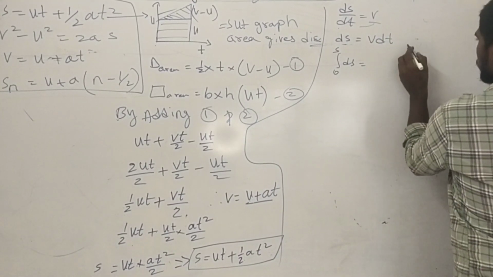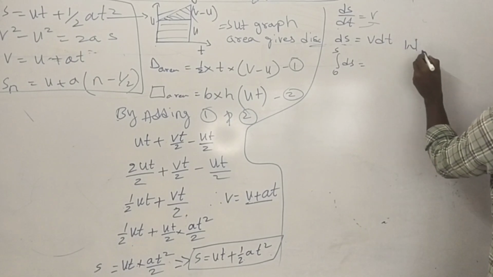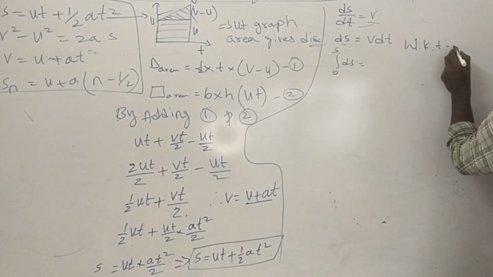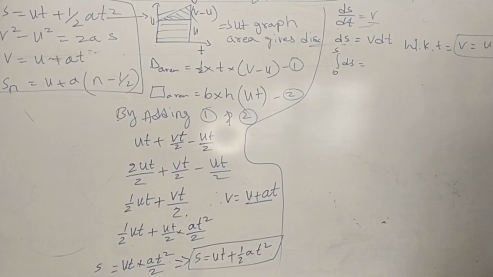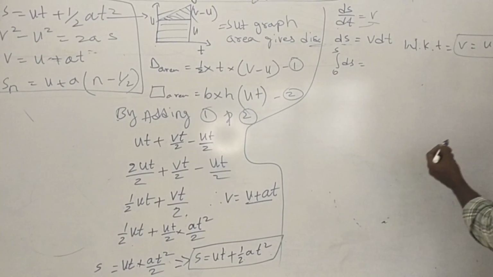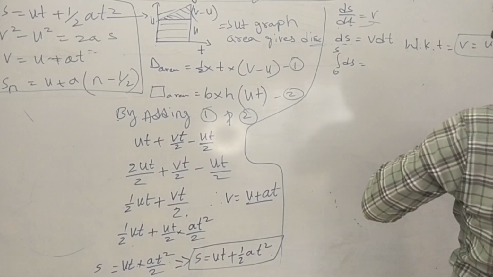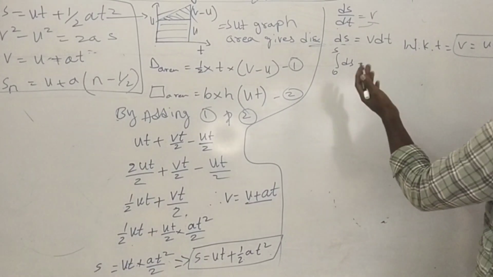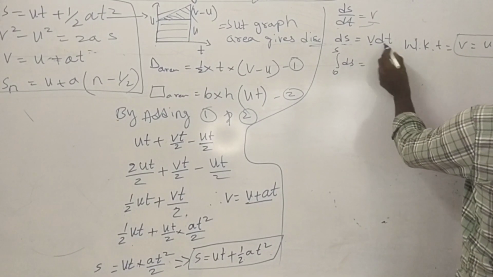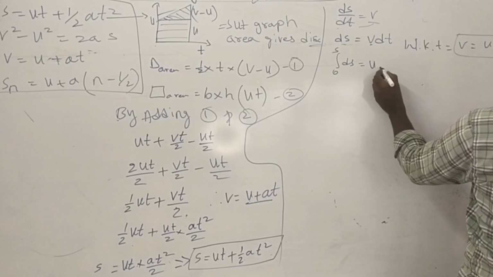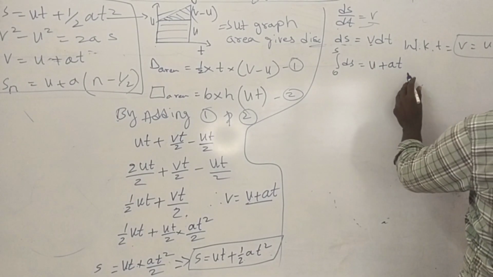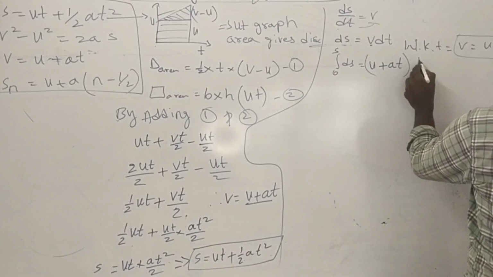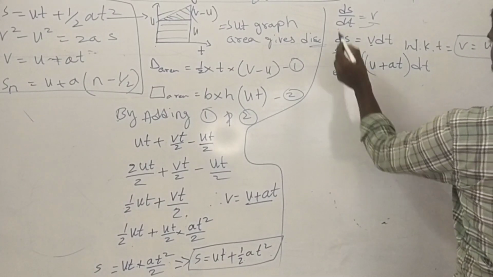What should be here? We know that v is equal to u plus at. We wrote it here, right? The substitution is the same, but the way of doing it is different. Substitute v here as u plus at. Now integrate this.